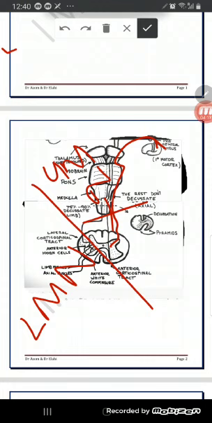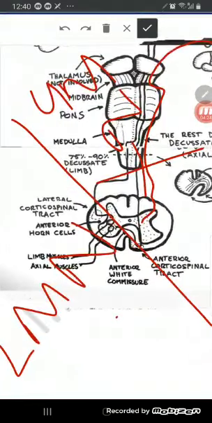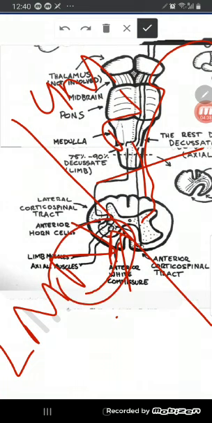Now the question is, what is the lower motor neuron lesion? The lower motor neuron lesion is from here, from the anterior horn cell, all the way to the neuromuscular junction. All of these, from the anterior horn cell to all of these nerves.